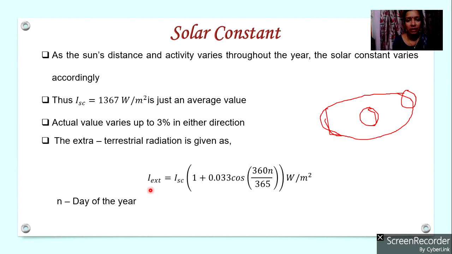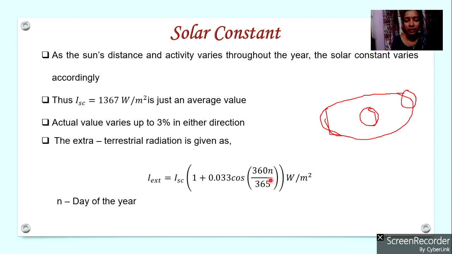So amount of extraterrestrial radiation reaching per unit area is given as ISC into 1 plus 0.033 cos 360 N divided by 365. And in this equation, N denotes the day of the year, that is the day of the year counted from 1st January.